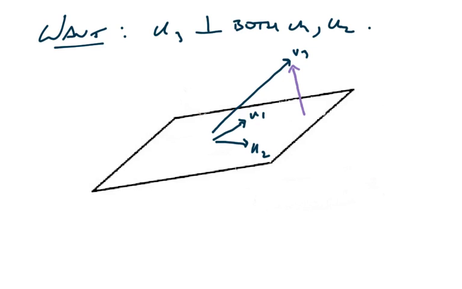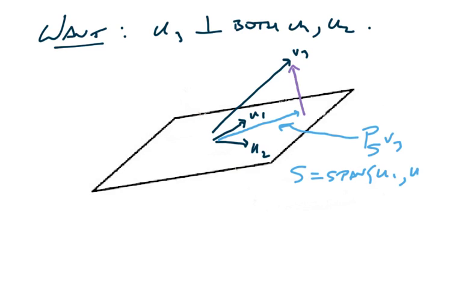If I draw in the projection vector, it would look something like this. This thing in blue here would be the projection onto what I'll call S of v3, and here S is the span of u1 and u2.